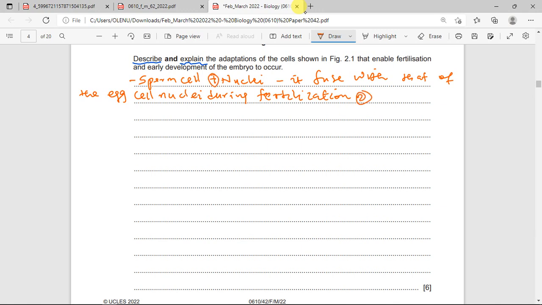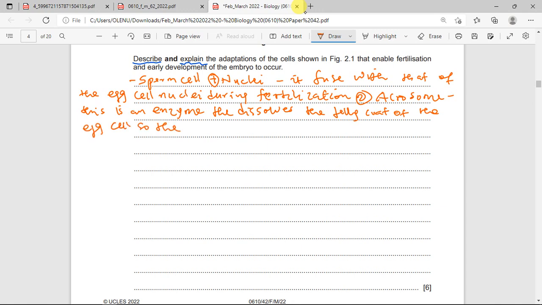Two, sperm cells have acrosomes, and you can say this is an enzyme that dissolves the jelly coat of the egg cell so the nuclei can penetrate.